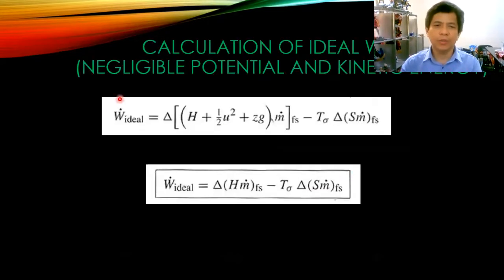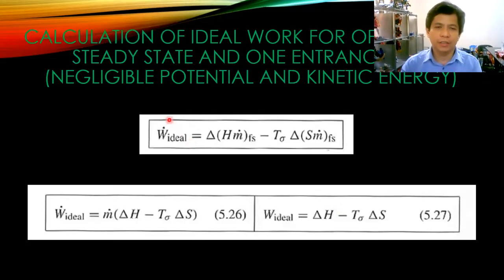Okay. So when we neglect the potential energy and the kinetic energy on this part of the equation, we're going to have W dot ideal is equal to delta H M dot Fs minus T sigma times delta S M dot Fs. Now, if we're going to consider a system wherein we have one entrance and one exit, yung Fs natin, ang kamukha nun dati, mawawala siya. Tapos yung m dot, constant na siya.